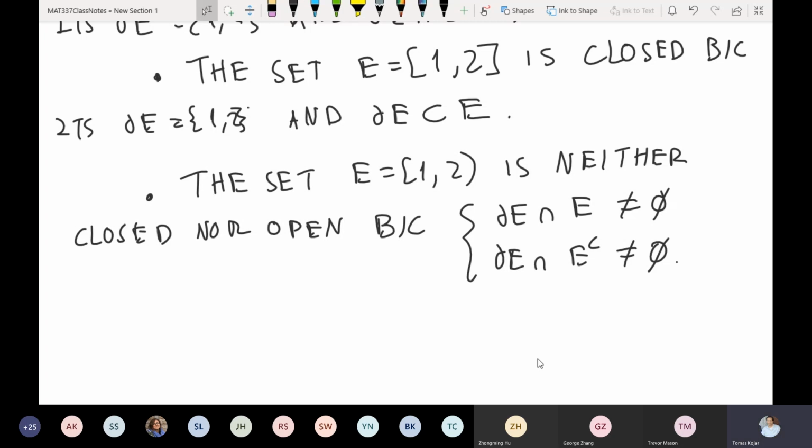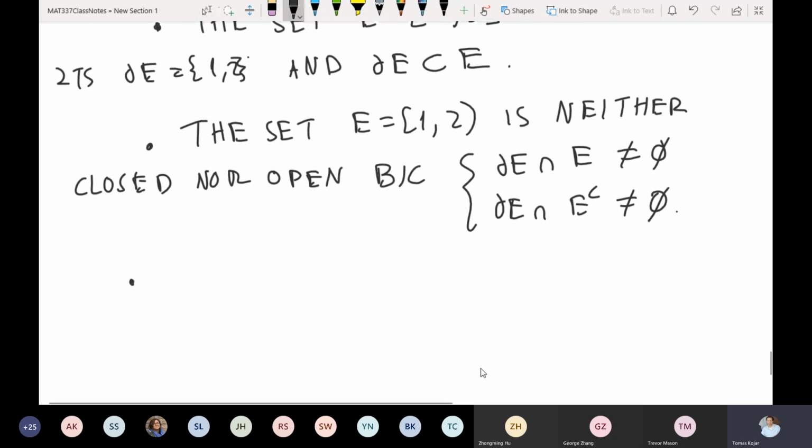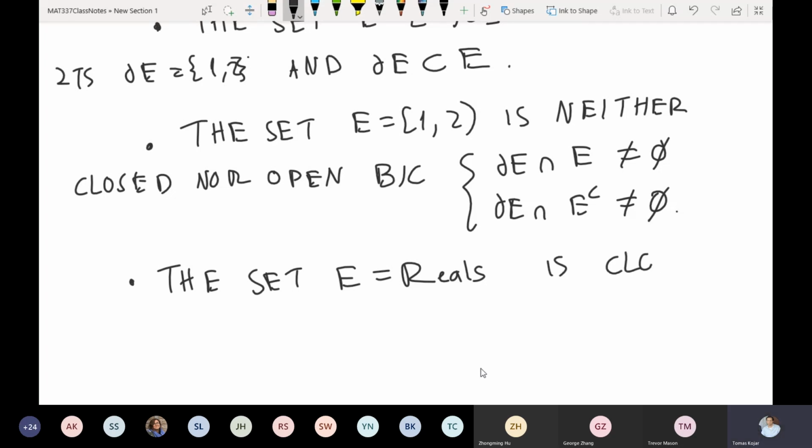Okay, any questions? And then finally, the set E equal to all the real numbers is clopen because the boundary of the real numbers is empty.